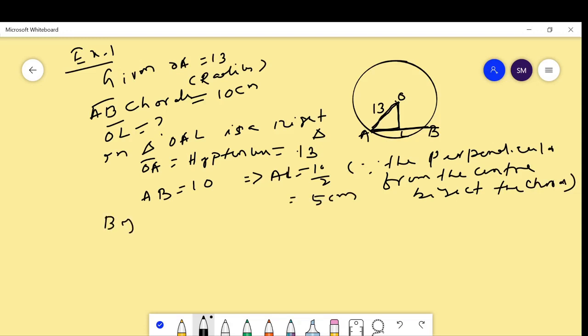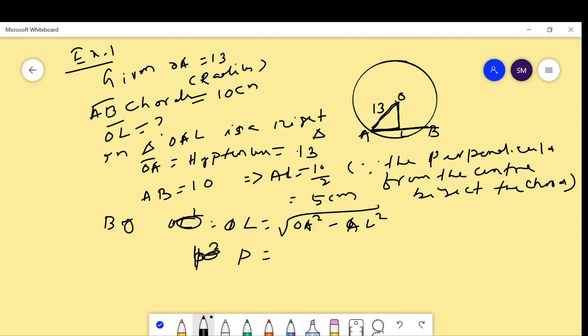Then by using Pythagoras theorem, OL is equal to the square root of OA square minus AL square. By Pythagoras theorem, P square is H square minus B square.